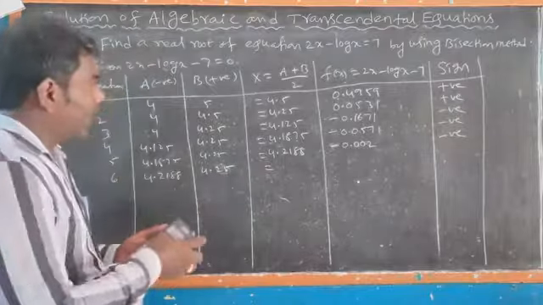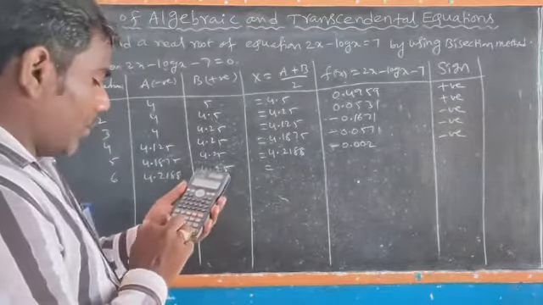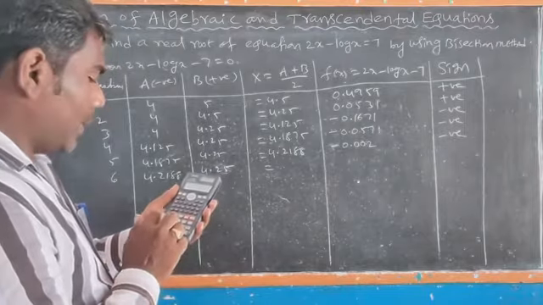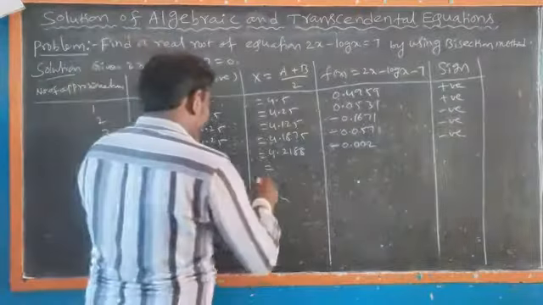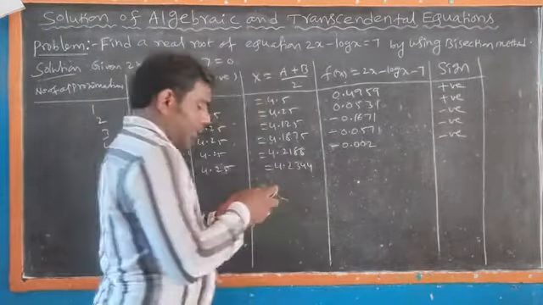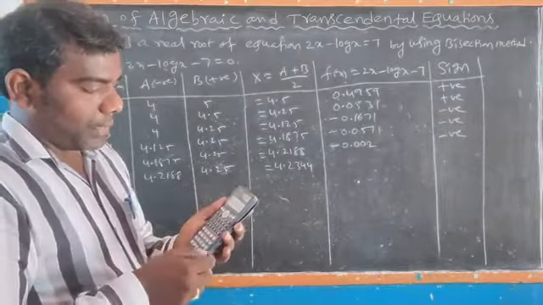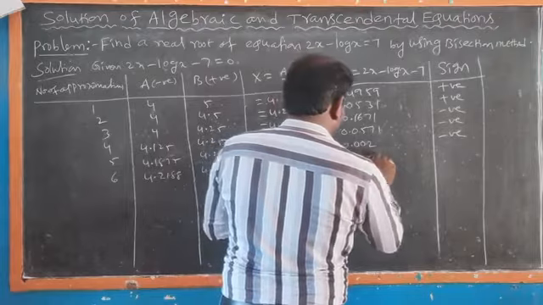4.25. Okay, right. Now calc: a value 4.2188, b value 4.25. Then 4.2344. Substitute the x value in f(x). Then 0.0256.